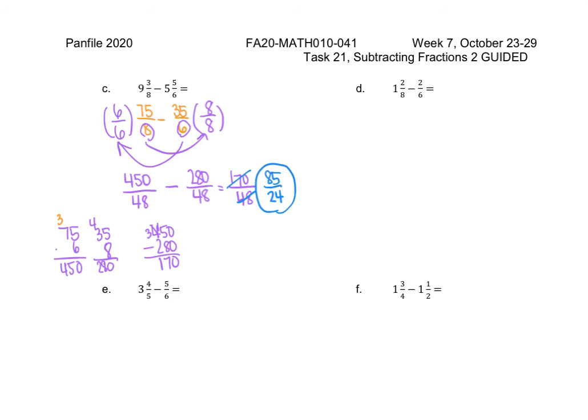All right, next one. We only had to turn 1 into an improper fraction, and then we're ready to move into the next step of finding our common denominator. The common denominator is actually going to be the same as the previous one.